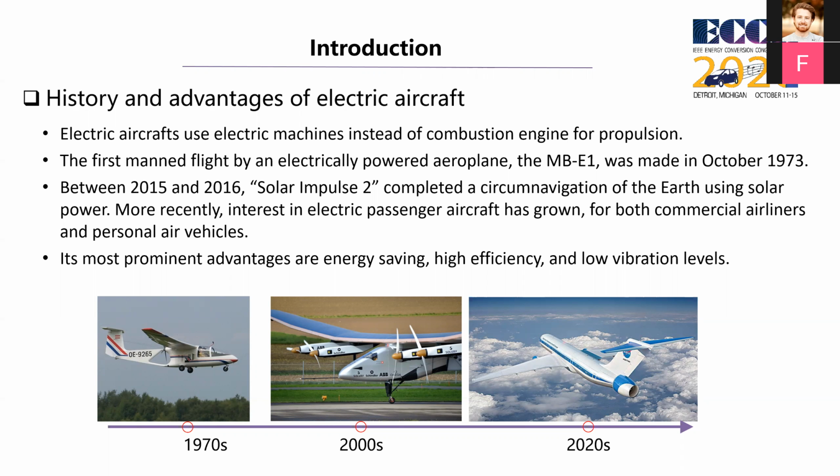We can see the solar-assisted electrical planes have appeared and completed a global tour in 2015. Nowadays, the scientific research and the industrialization of commercial airliners and the personal aircraft have been booming. The most prominent advantages of electric aircraft are energy saving, high efficiency, and low vibration levels.